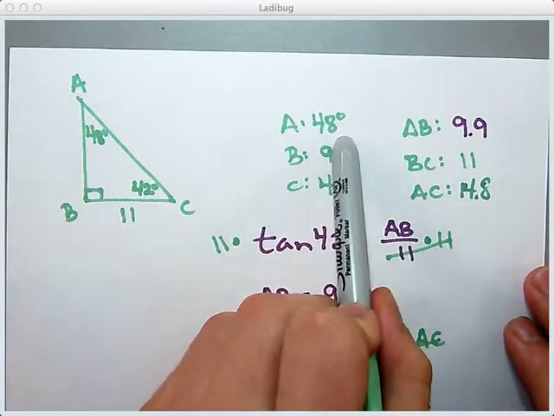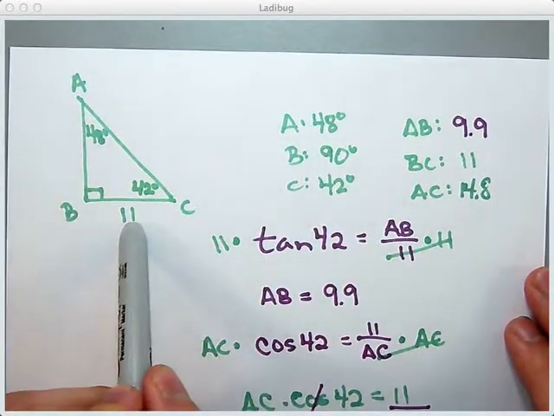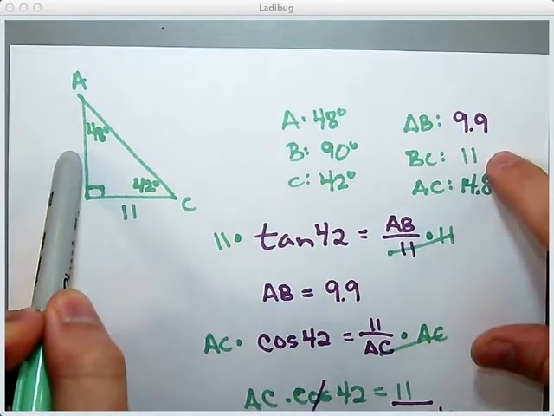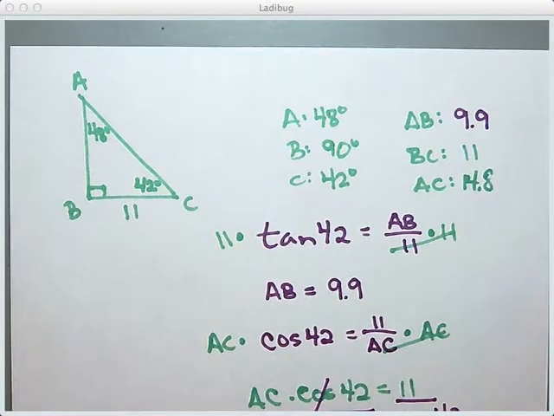The next biggest angle is 48, and so that should be the 11. And then the smallest should be opposite of the smallest angle, 42, and that's 9.9. Okay, so that's a good way to check and make sure you've done some things right. Eh? Super easy?